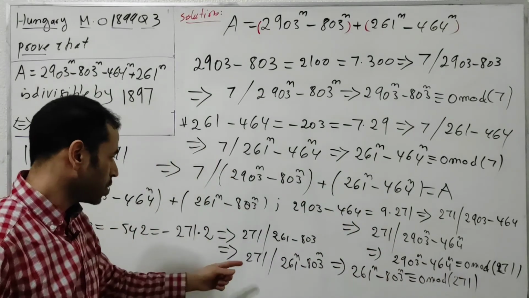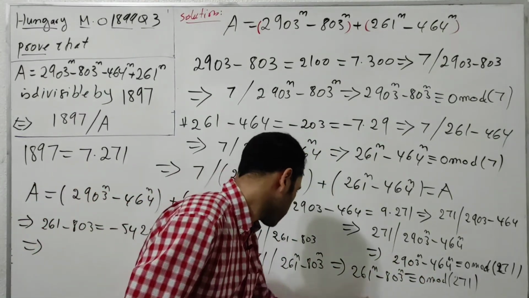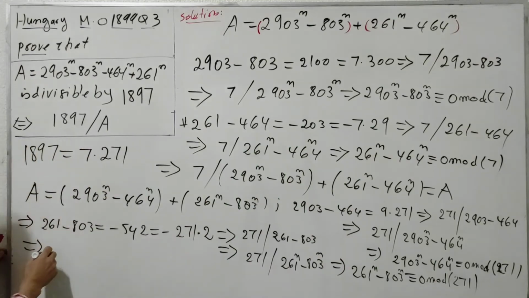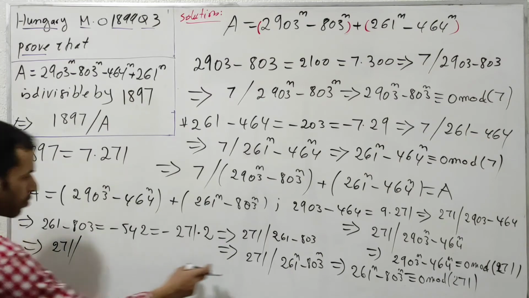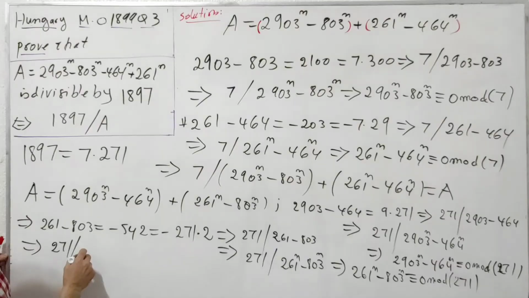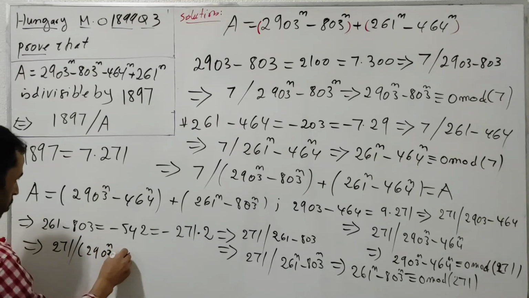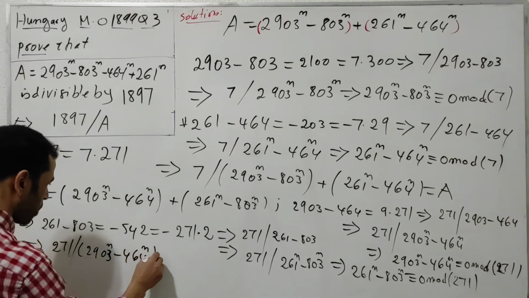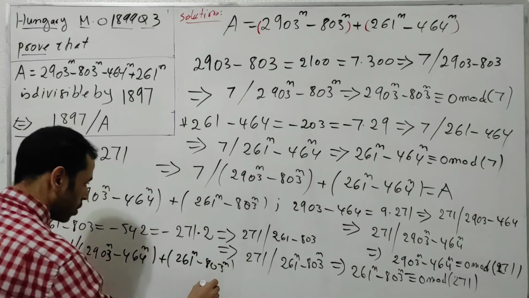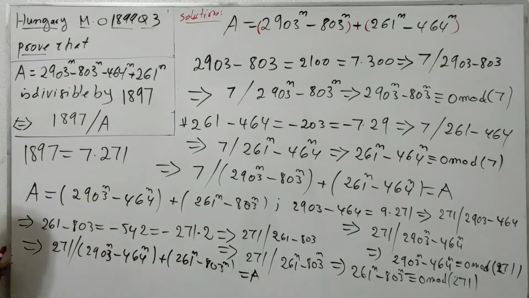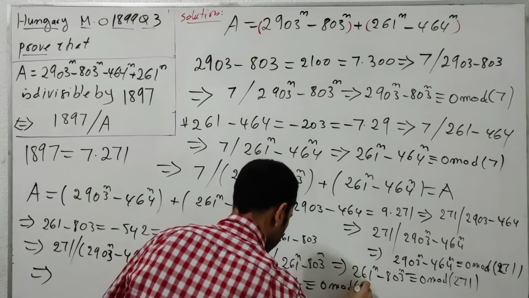Since 271 divides this one as well as that one, 271 divides the sum of these two, which is 2903 to the n minus 464 to the n plus 261 to the n minus 803 to the n, which equals capital A. So capital A is congruent to 0 mod 271.